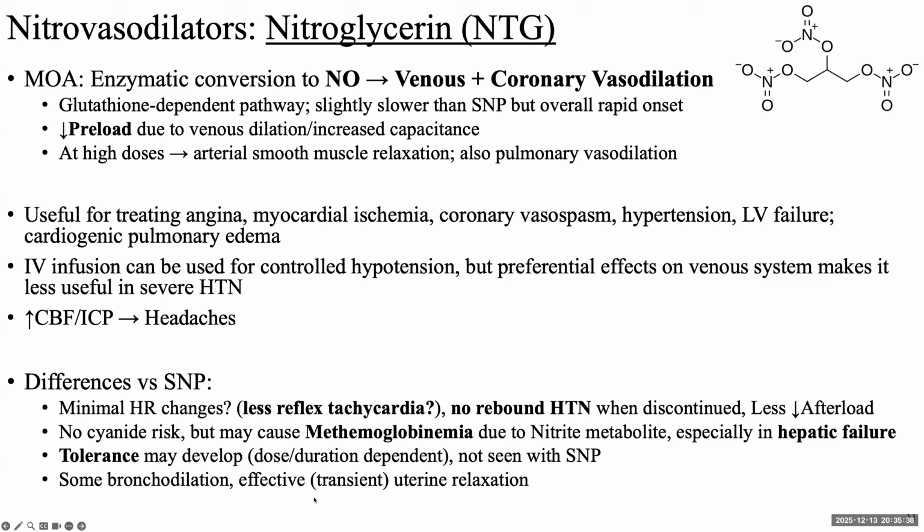So there are a few use cases in the OB setting where you might be asked to give a bolus of nitro while they try to do a version or something like that, where they just need transient uterine relaxation while they reposition the fetus.